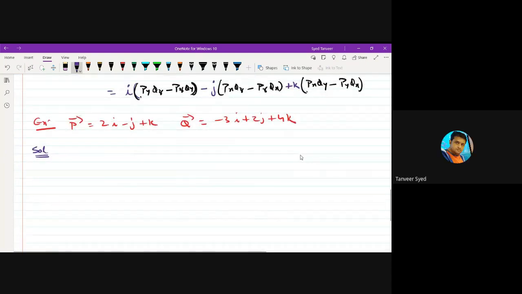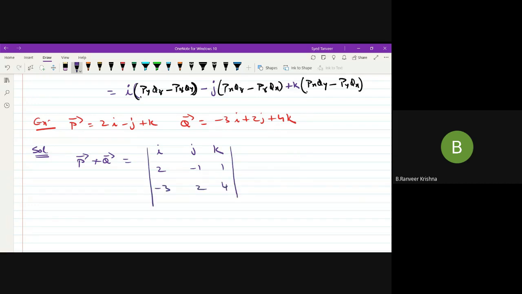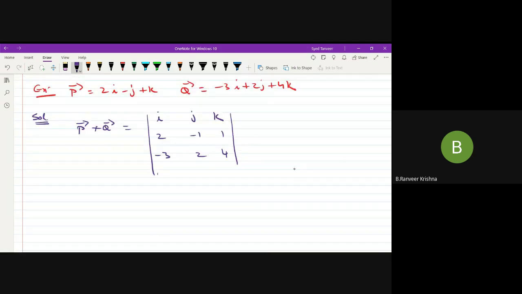Yes, what is the answer for this? Sir, minus 6i minus 5j plus 1k. Okay, let us see. I got minus 6i minus 11j plus 0k, sir.